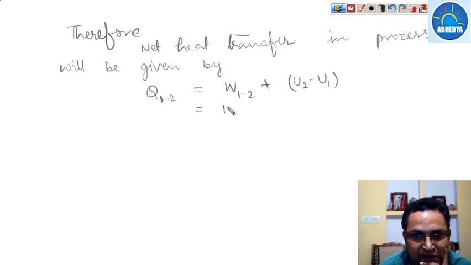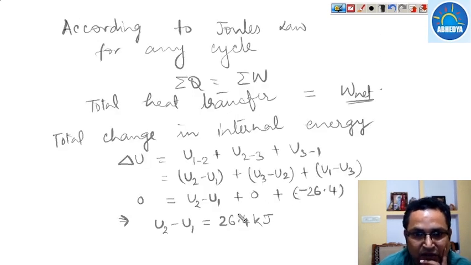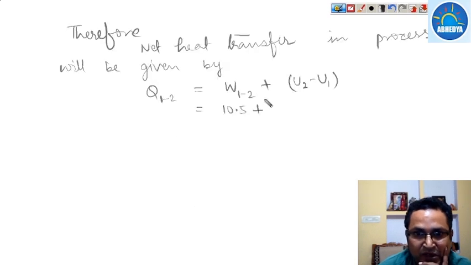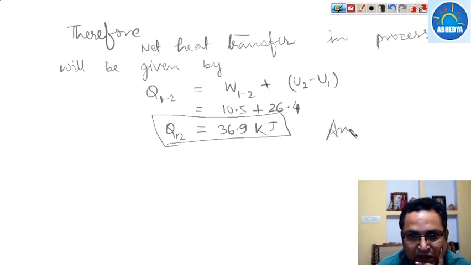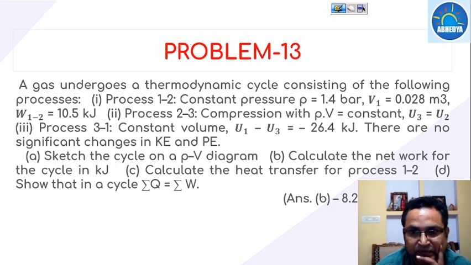W12 is given, that is 10.5 kilojoule, plus U2 minus U1. What is the value of U2 minus U1? 26.4. So 10.5 plus 26.4 becomes 36.9 kilojoule. How much of the energy has been transferred from 1 to 2? That is 36.9 kilojoule.